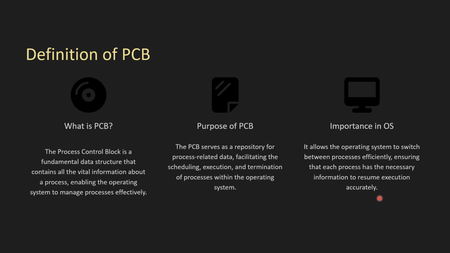Without it, the OS would not know what a process is doing. It helps with multitasking, scheduling, and resource management. It ensures reliable and accurate switching between tasks. In short, the PCB is the backbone of process management.